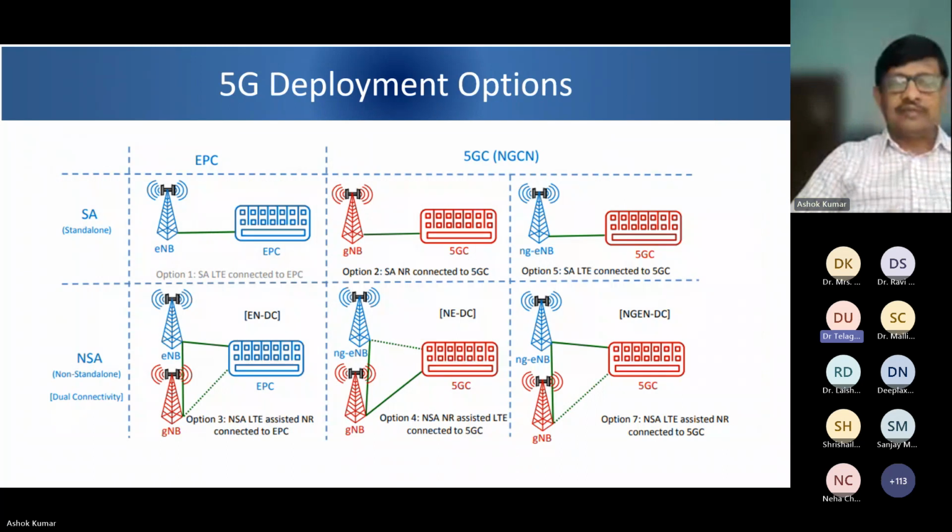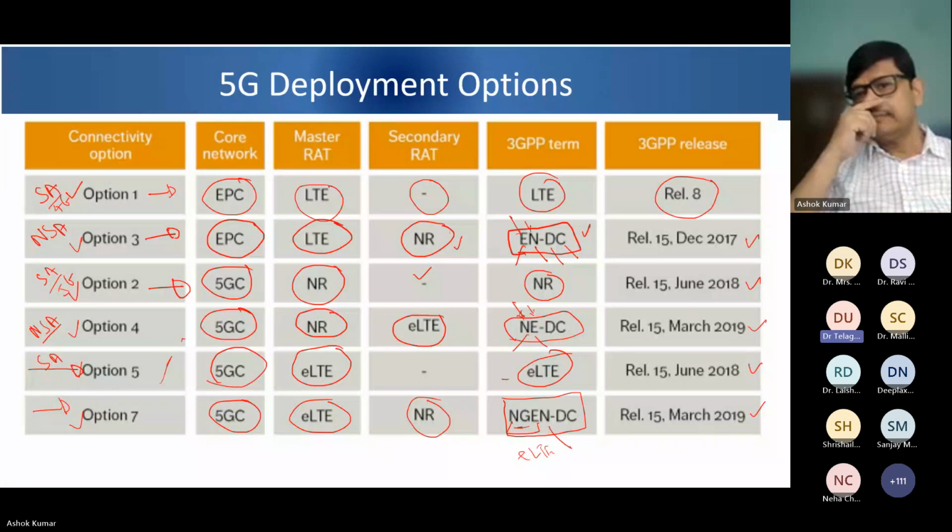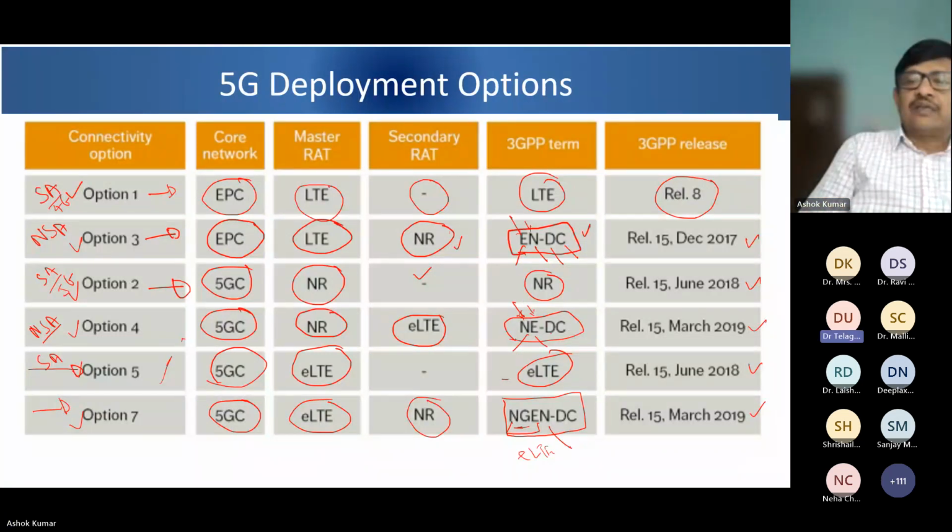Sir, one minute, sir. Yeah, please go ahead. In the previous slide, can you write what exactly the E is? We are unable to get ENDC clearly. Can you write on screen what you are mentioning? Just see, I have written.